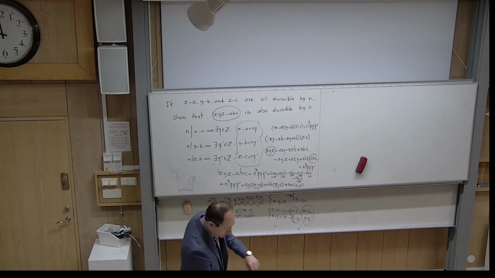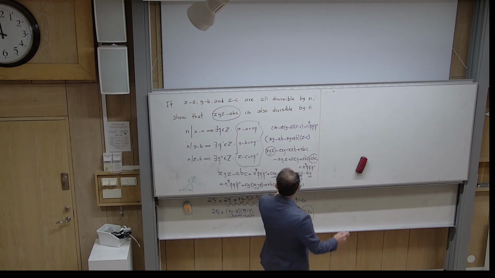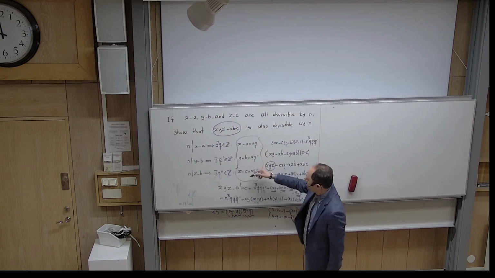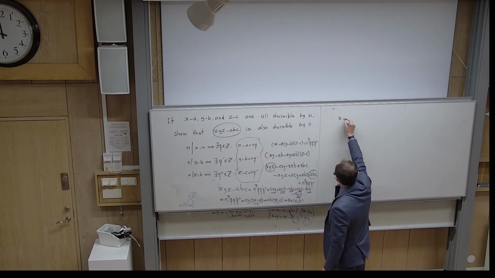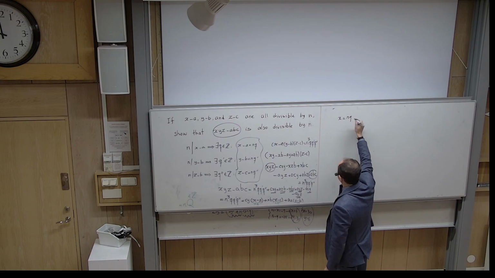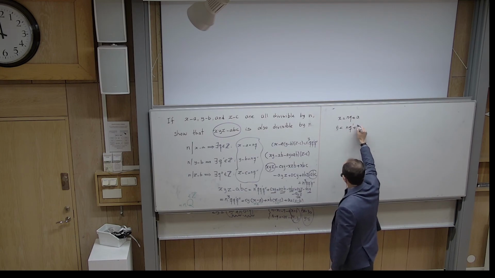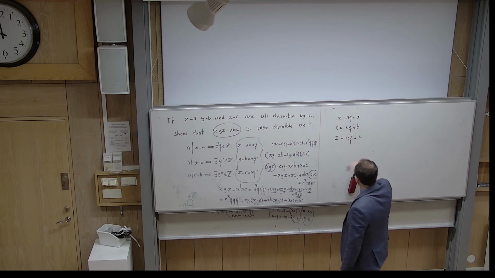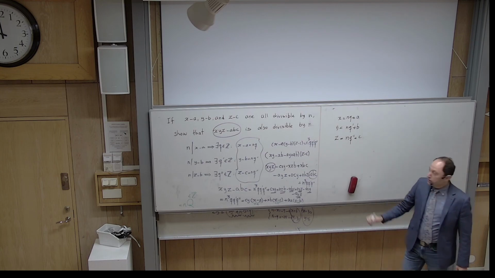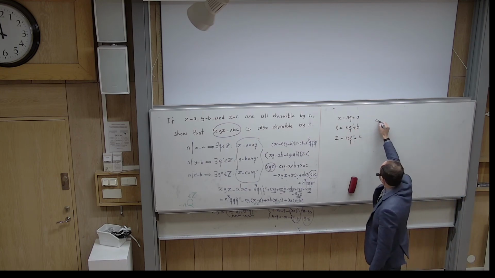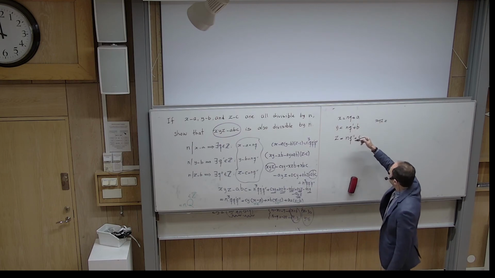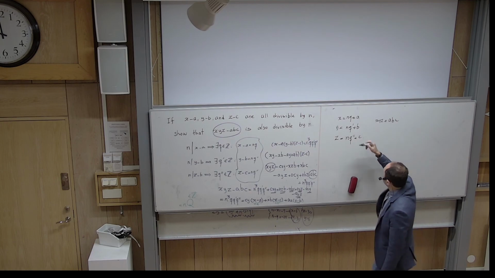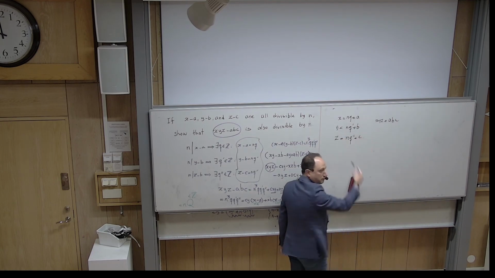So I will tell you the hint, but I will have time to solve it. What I'm saying is that instead of multiplying in this way, I will move a to the other side and then multiply. So y becomes what? And then, I told you, you have to be lazy a little bit. And then you start multiplying these, so x, y, z. On the right hand side, you see that a, b, and c at the end will be multiplied, but everything else has some factor of n.